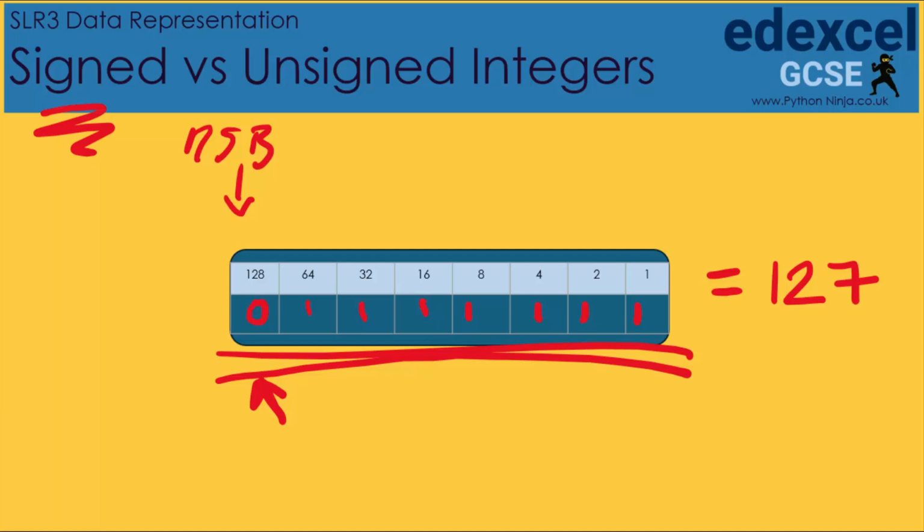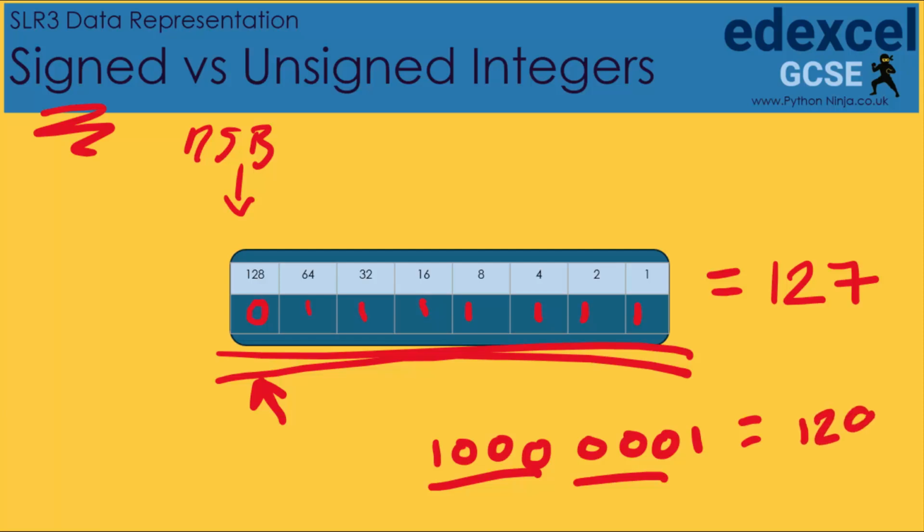So don't be confused. Remember, the computer will know whether it's dealing with an unsigned or a signed integer. If it is an unsigned integer and we do something like this, we know that an unsigned integer with a number like this is going to be 128 plus 1, so that's 129. But if we knew this value was a signed integer, we know that this is starting at minus 128, and then we add 1, which takes us to minus 127.